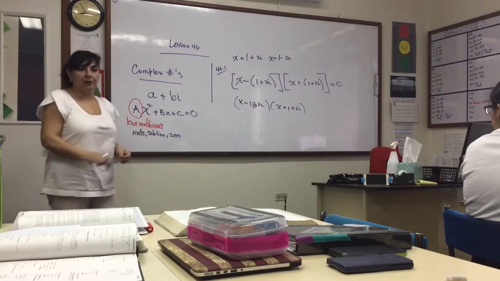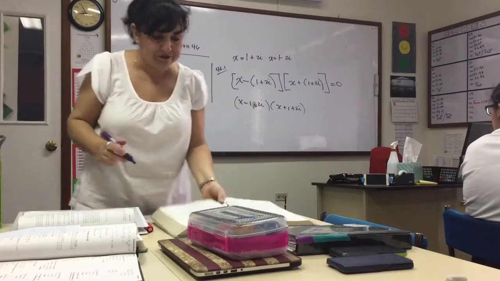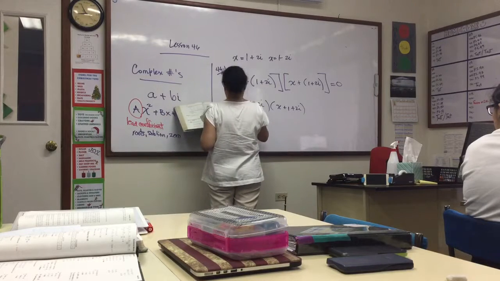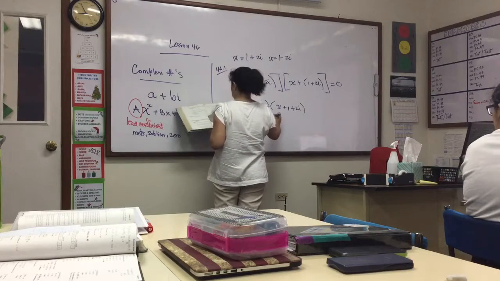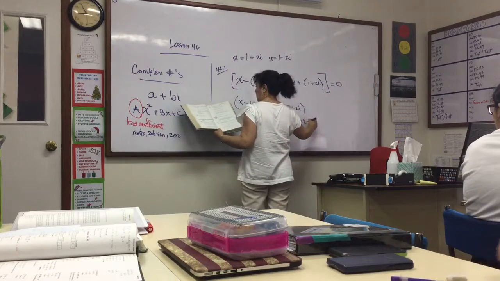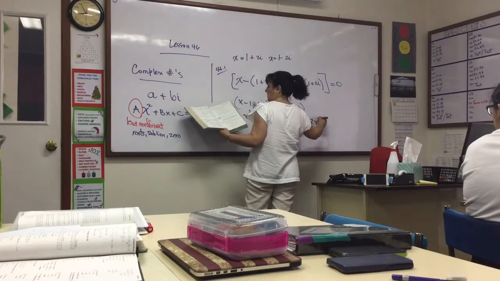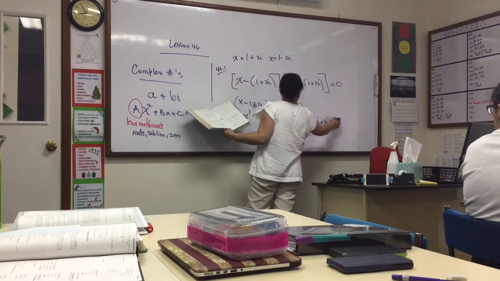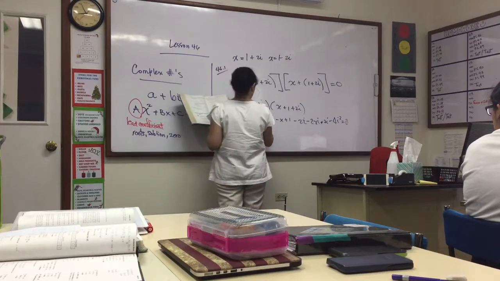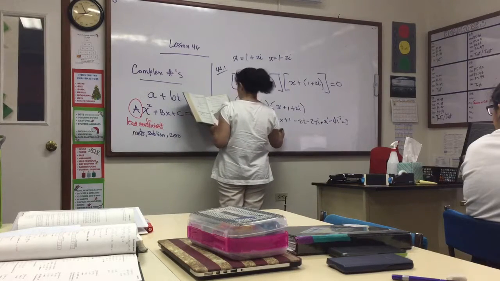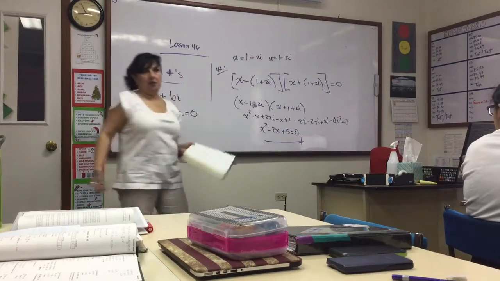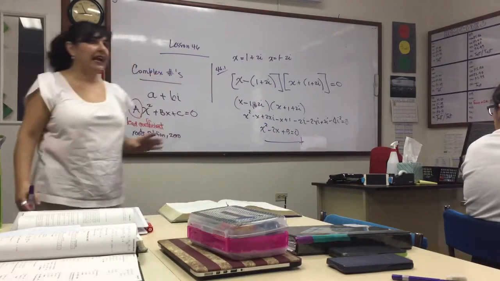If I multiply, I will get x squared plus x plus 2xi minus x minus 1 plus 1. And when you simplify it, you get this, and that is the answer you want. Is that clear?